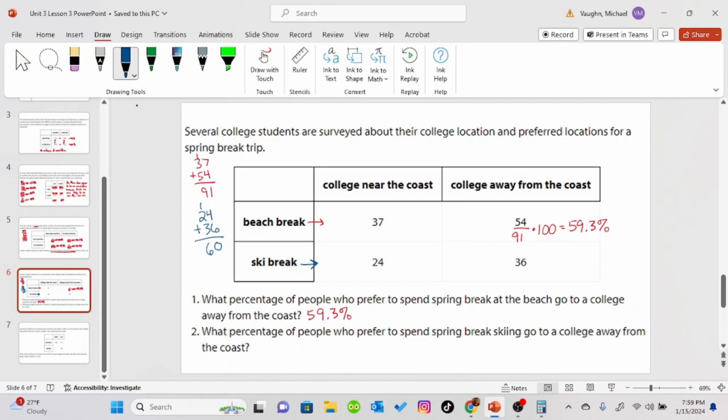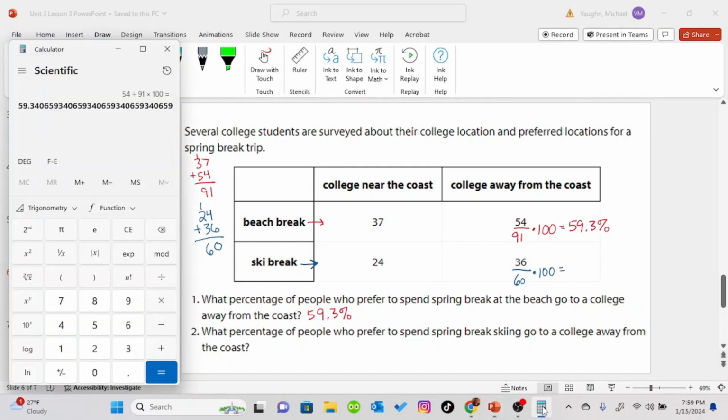We're looking for those who go to a college away from the coast. So we're looking at the bottom right corner. So 36 divided by 60 times 100 will give us this relative frequency percentage.